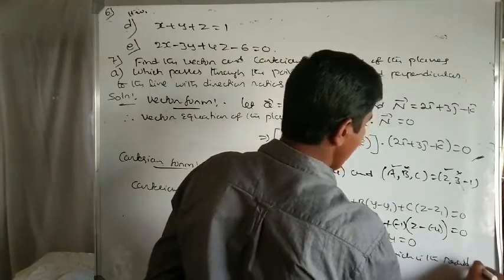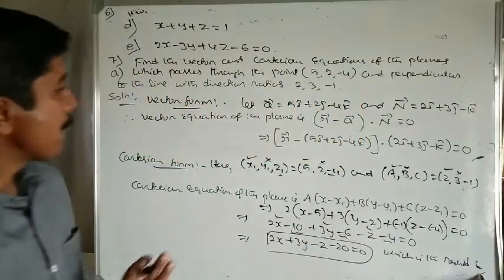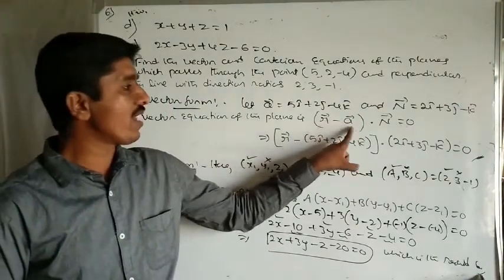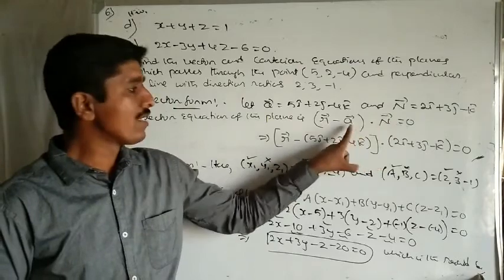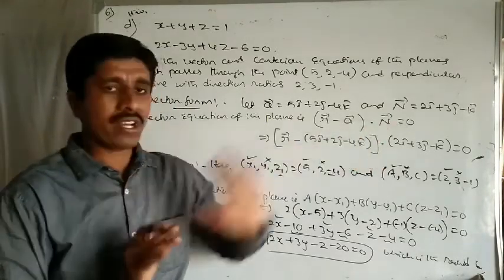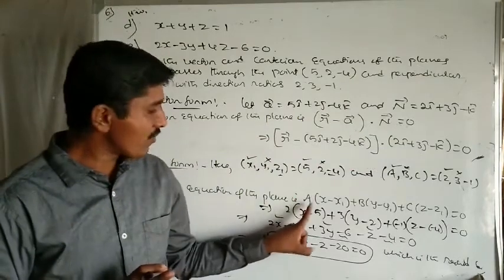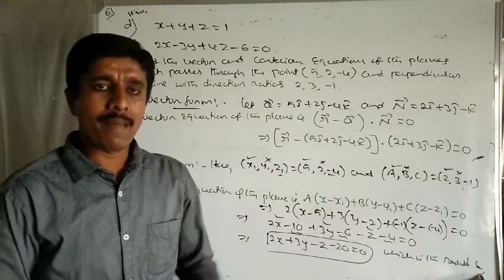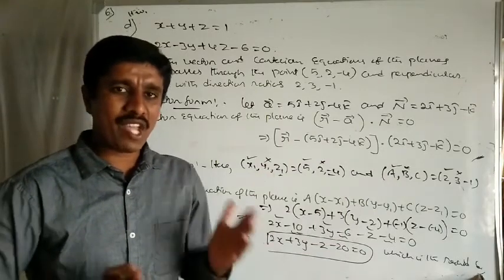Very easy one. This is the vector equation of the plane: vector r minus vector a dot vector n is equal to 0. This plane passes through the point with position vector a and is perpendicular to vector n. The Cartesian equation is a into (x minus x1) plus b into (y minus y1) plus c into (z minus z1) is equal to 0.